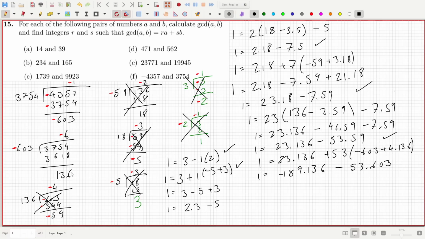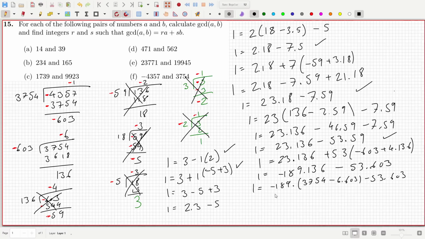So now I'm replacing 136. Which is 3754 minus 6 times 603 minus 53 times 603.